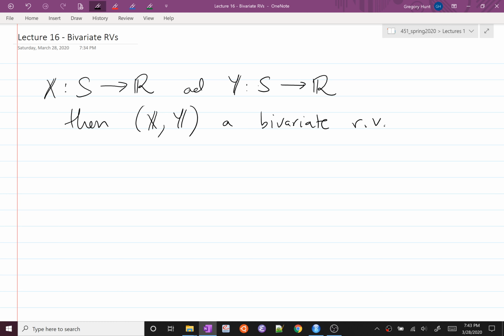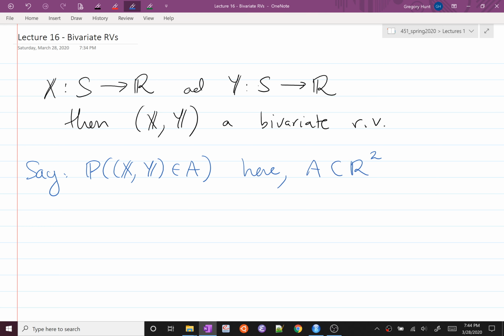And one can talk about things, for example, we could say, what is the probability that x comma y is in some set A? Here, A would now be a subset of R2.